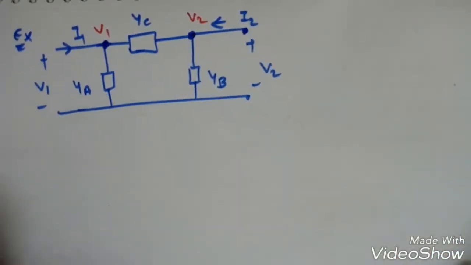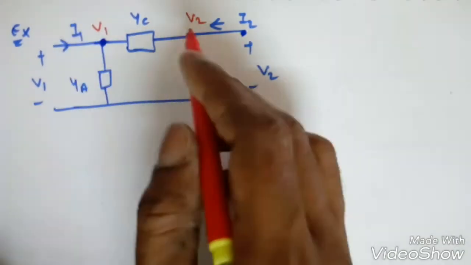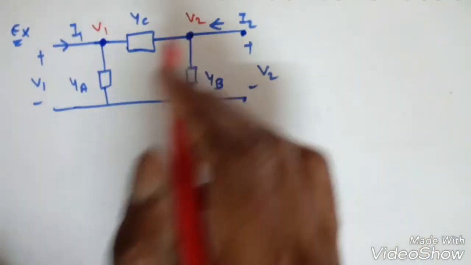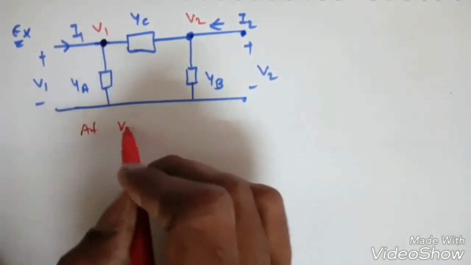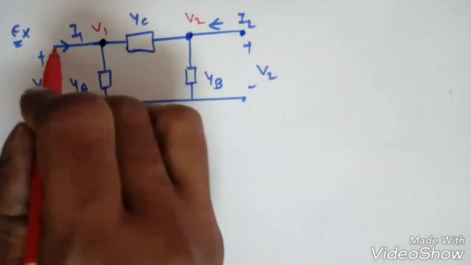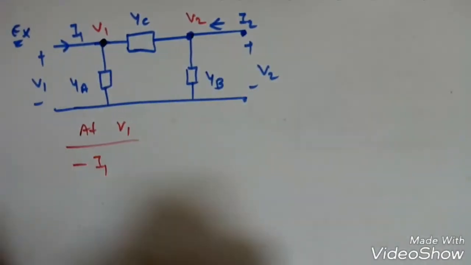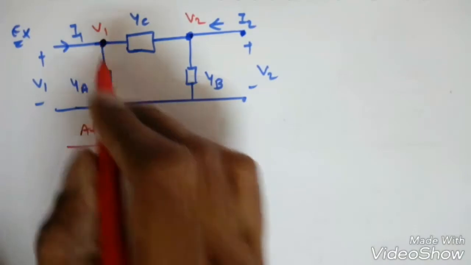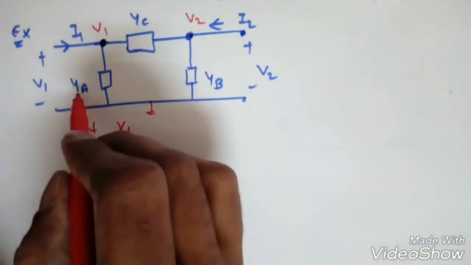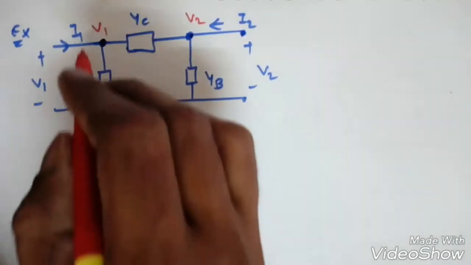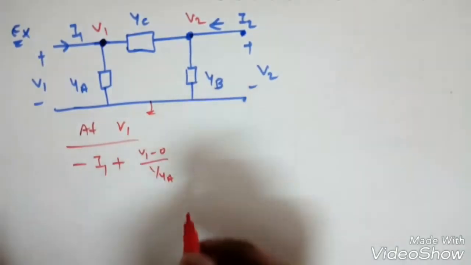Now if I apply nodal analysis and find the relationship between I1 with respect to v1 and v2, and I2 with respect to v1 and v2. It's very simple. If I apply nodal analysis at v1, what is this incoming current? My I1. If I assume all are leaving currents, minus I1 plus v1 minus 0, since this is grounded. Now this is admittance, but we need impedance, so that is v1 minus 0 by 1 by ya, which is the impedance.